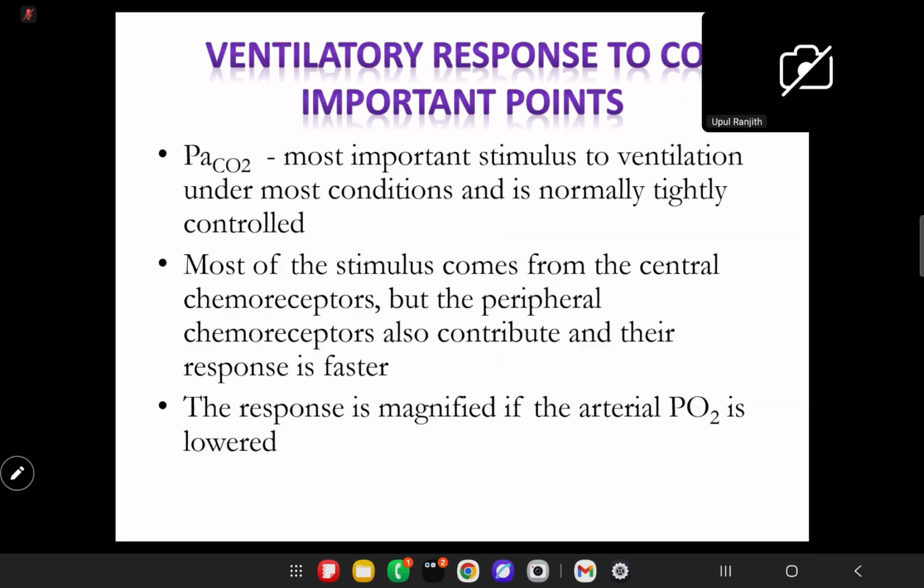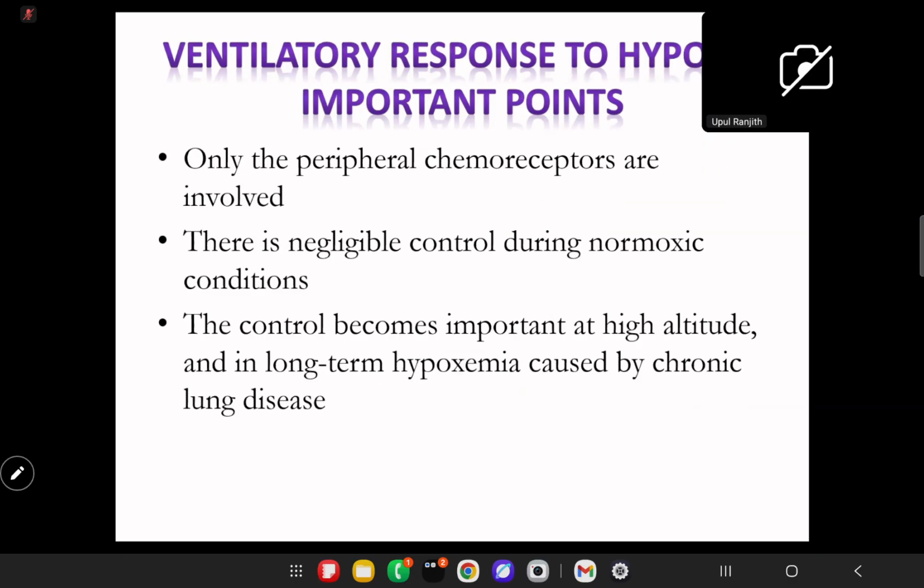The response is magnified if the arterial PO2 is lowered, right? The ventilatory response to carbon dioxide is magnified when the arterial PO2 is also lowered. Then the ventilatory response to hypoxia, important points: only the peripheral chemoreceptors are involved. There is negligible control during normoxic condition, as we saw in the previous graph.